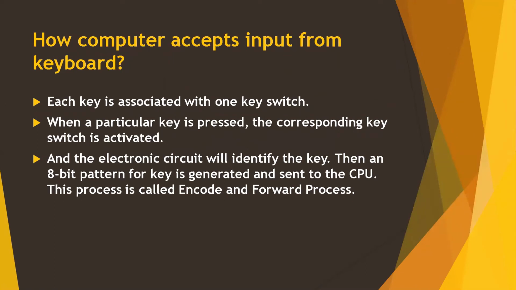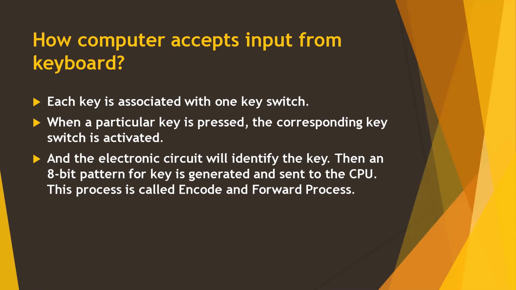When that switch is activated, the circuit completes and that generates a signal, which is given to the CPU. This process is called the encode and forward process. When you press a key, the switch completes the circuit and generates a signal. That is sent to the CPU, and the CPU understands that this person pressed this button. That is the encode and forward process. A simple process.